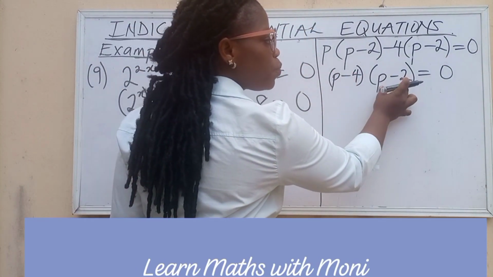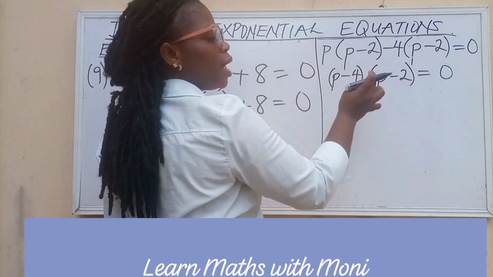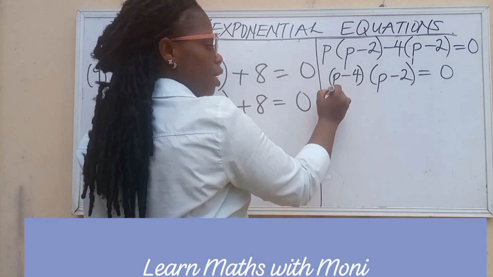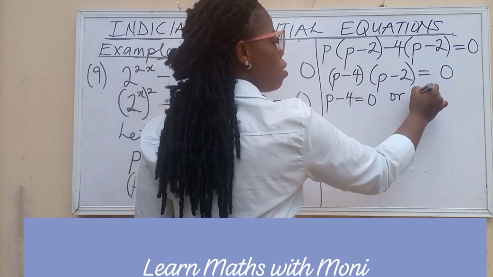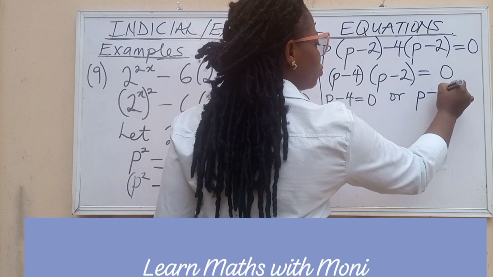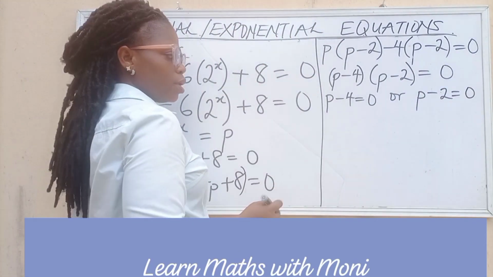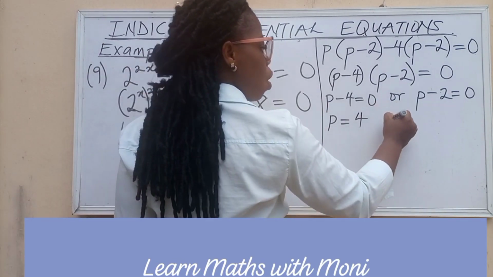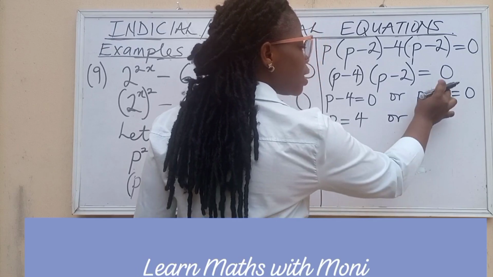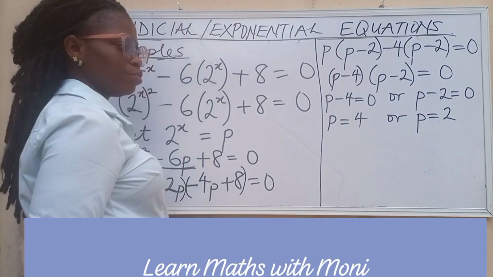Because this product is equal to 0, that means either of them is actually 0. Either p minus 4 is equal to 0 or p minus 2 equals to 0. This means p gives you positive 4 or p bringing minus 2 outside equal to positive 2.